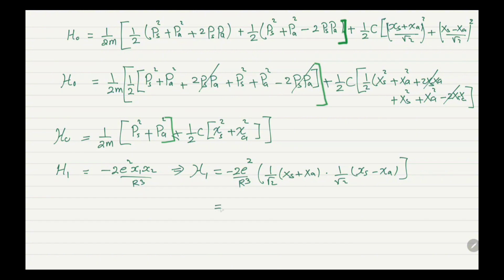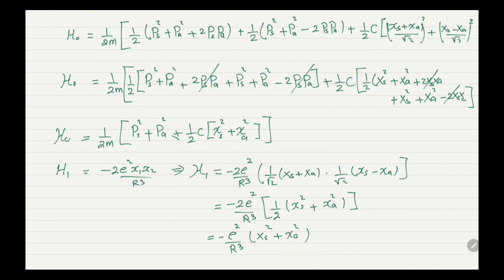You simplify this and you will find H1 equals minus 2e squared over R cubed times 1 over 2 x symmetric squared minus x antisymmetric squared. Or in other words, it's equal to minus e squared over R cubed times x symmetric squared minus x antisymmetric squared.